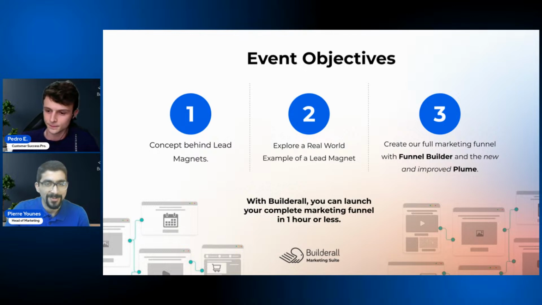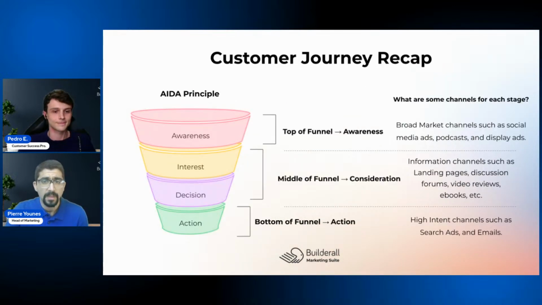So as a recap, during the Funnel Fast Track event, we introduced the AIDA principle. We're going to recap that today. The AIDA principle is the process that people make decisions through. Every time someone needs to make a decision, they go through this process either quickly or slowly.